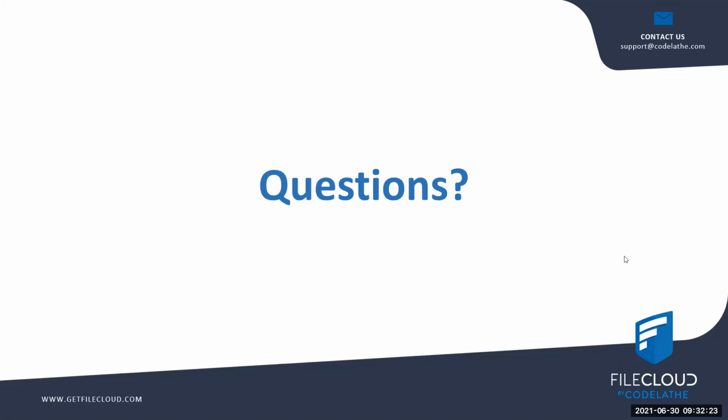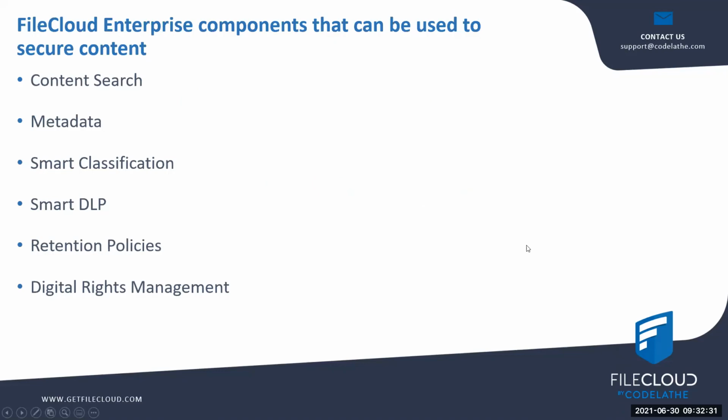If nobody has any more questions, I hope that I was able to give you an idea on how you could use the components that I mentioned earlier. Let's go back to those components. So one, these are specifically enterprise components. We've got content search that basically reads off of your data and does a full text indexing of your data.